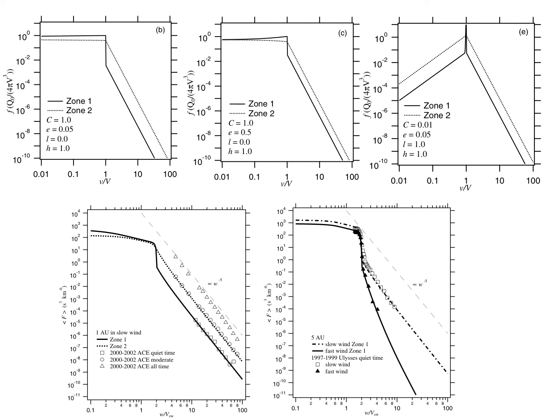And compared to what is observed, here is the data taken from the observations, and if it is in the acceleration zone, you get a p to the minus 5 spectrum. If it is in the non-acceleration zone, you also get particles that come from the accelerated regions, and you also have the p to the minus 5. But in this region probably it is enhanced particles due to the presence of other acceleration mechanisms.